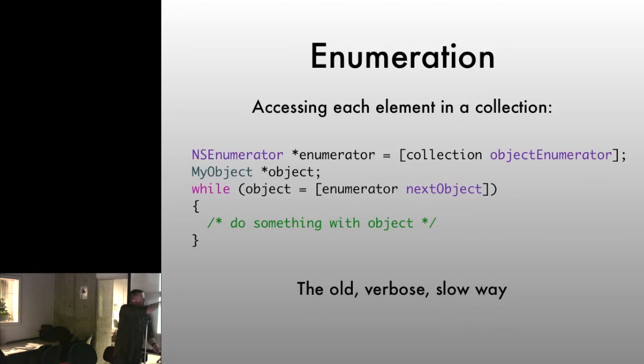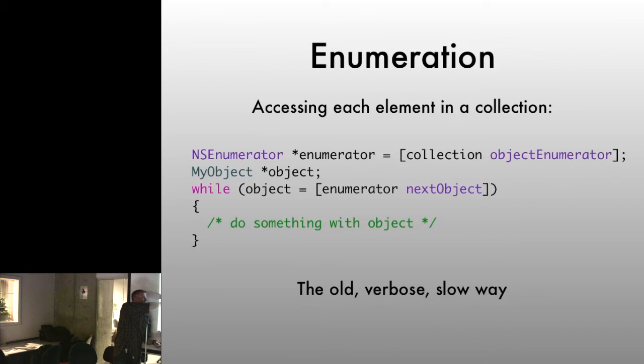So let's say we've got a collection that's full of objects, then the correct way to step through it was enumerator nextObject, which would give you the next object in your collection, whether you were using a set or a dictionary or any of the collections. If it returned you back a nil, you were done.